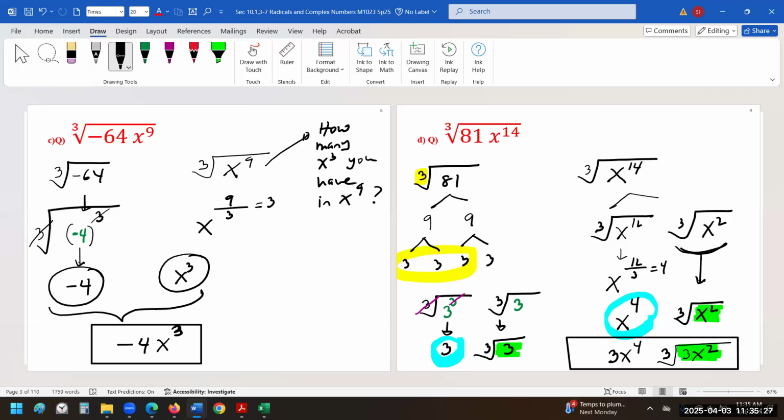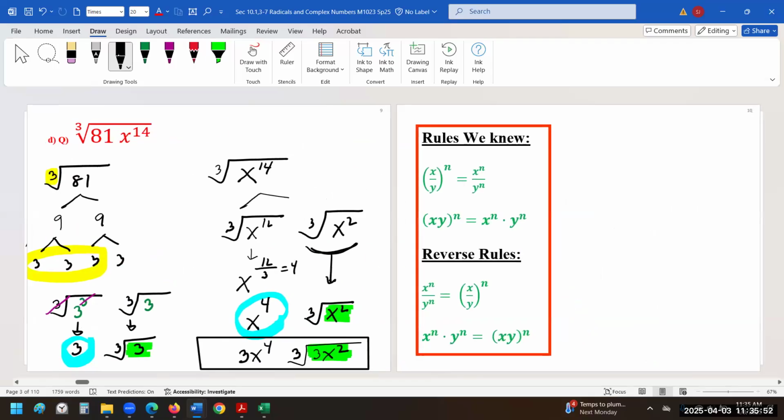So you put them together and tell them, hey, go roam around anywhere you want to go. So they become friends. And this 3 is sad, this x squared is sad because they're inside the radical. So you put them together, at least they can play with one another. Any other question? Mustafa.